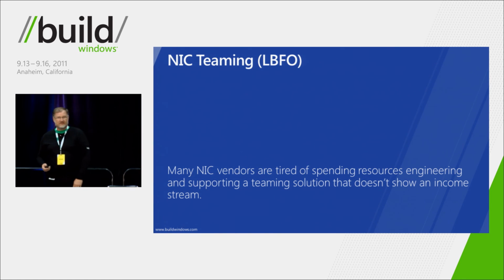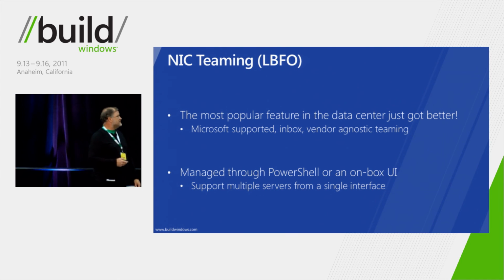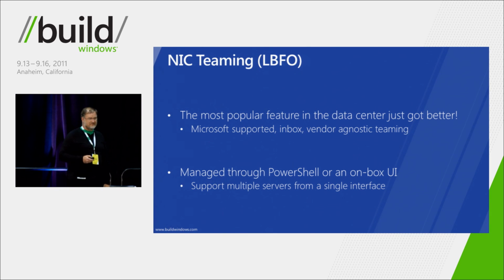This is a V1 product. It's going to be very good. It won't have everything you've ever heard of in NIC teaming, but we think it has what customers need at this point. We call it the most popular feature in the data center because it turns out that in spite of the fact that Microsoft doesn't support third-party vendors' NIC teaming solutions, 70 to 80% of the servers that are out there today still run NIC teaming. It's that important to people and their workloads.